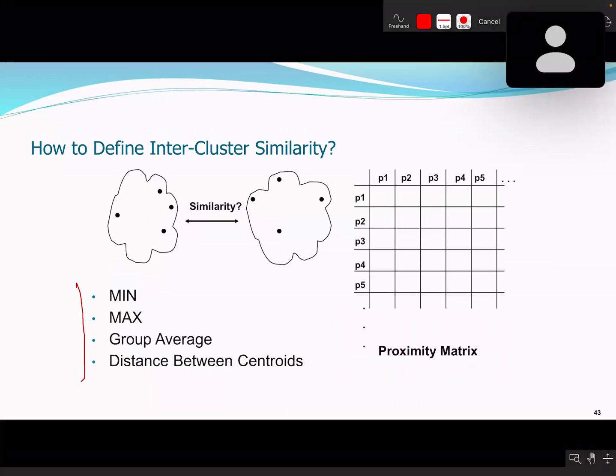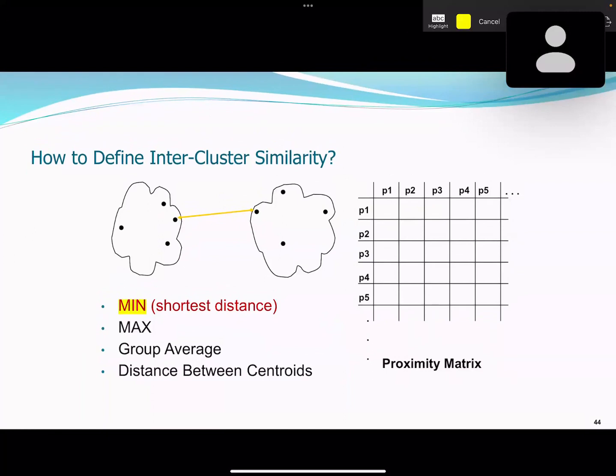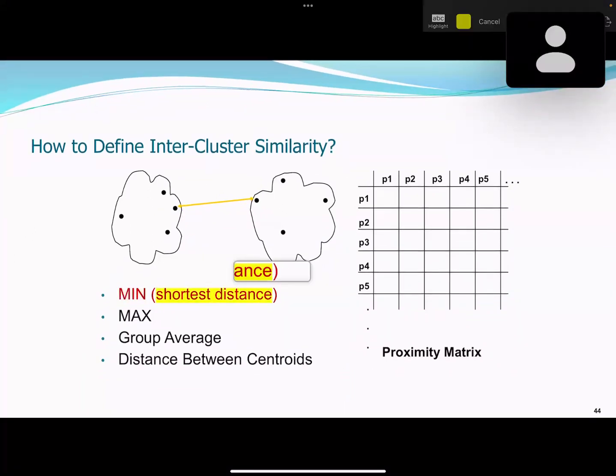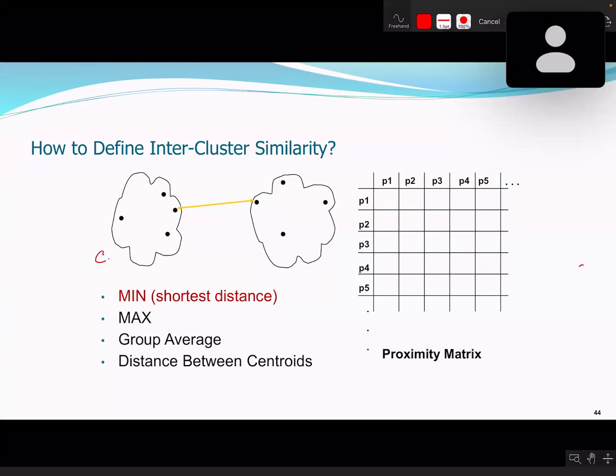So let us go through these different measures briefly, all right? The first one is min, or sometimes people like to call it shortest distance, or sometimes the strongest link, all right? So given 2 clusters, let's say we have a cluster C1 here and a cluster C2 here.